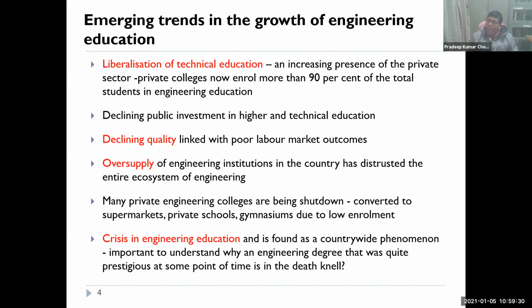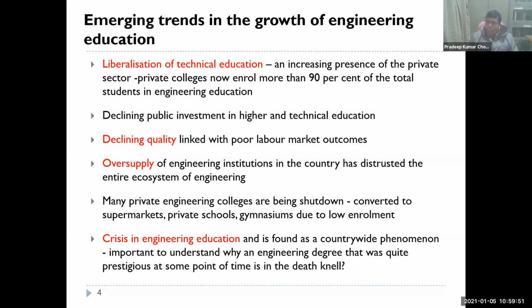Though there was an increase in higher education spending in general at some point of time, let's say in the 11th five-year plan, if you see specifically technical education, it was very less. And some argue, like Tilak and others, that this has led to the expansion of the private sector. That is an important thing that we see in engineering education in the country in the post-1990s era.